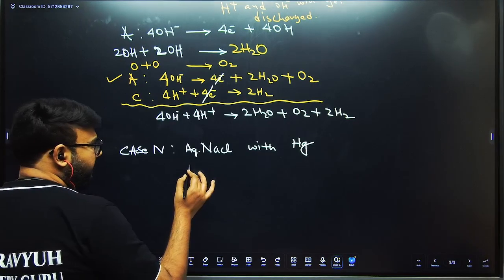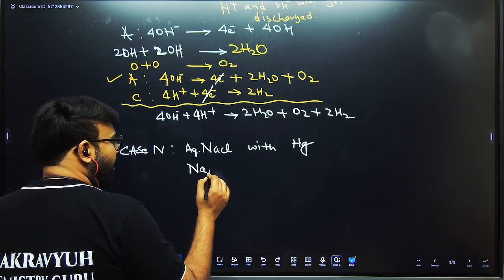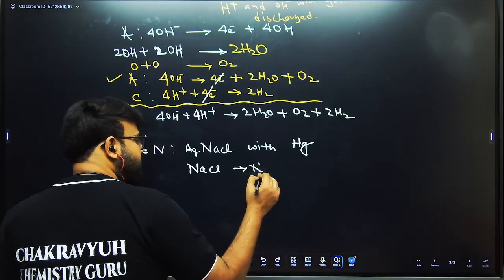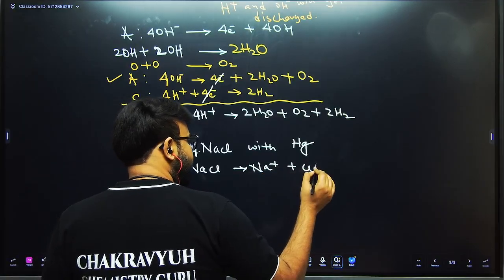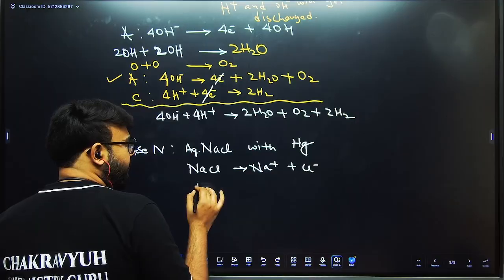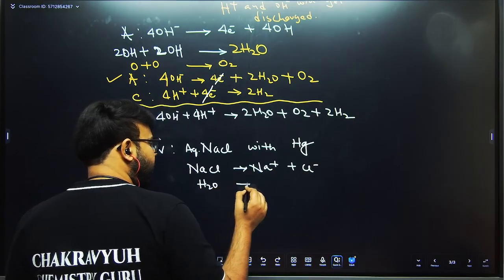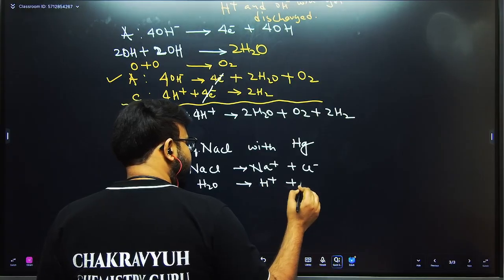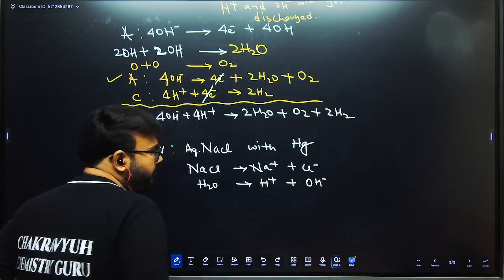Now tell me, how does NaCl dissociate? Na plus and Cl minus. And how will H2O dissociate? H plus and OH minus.